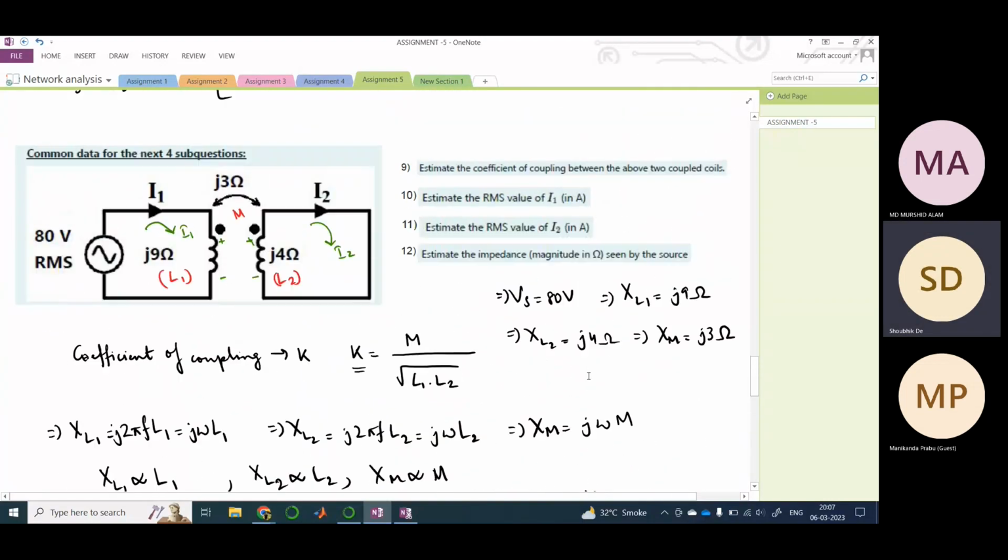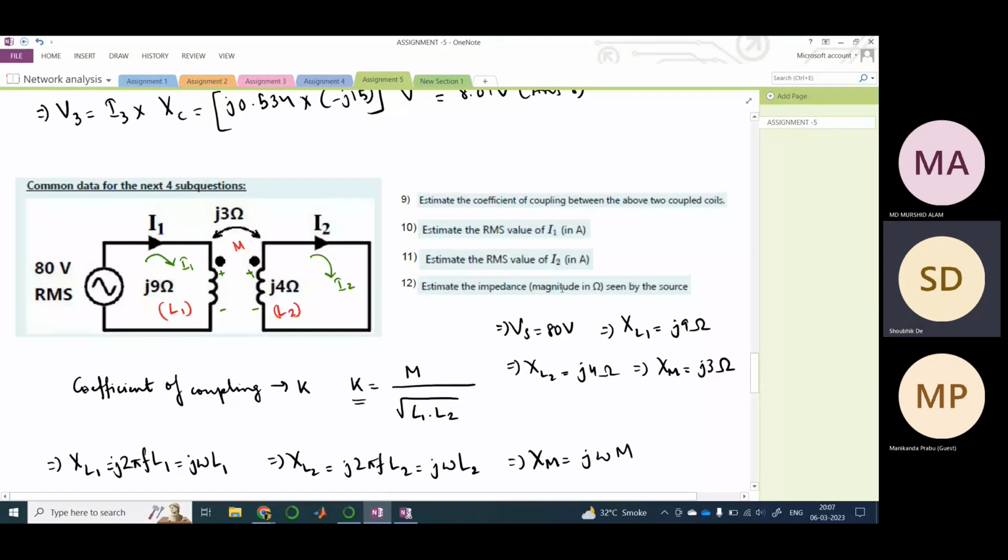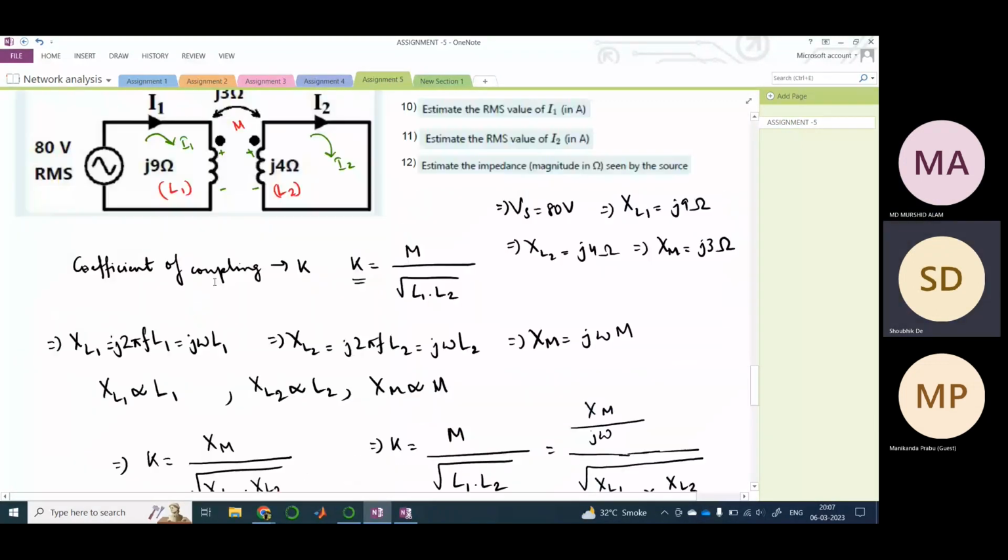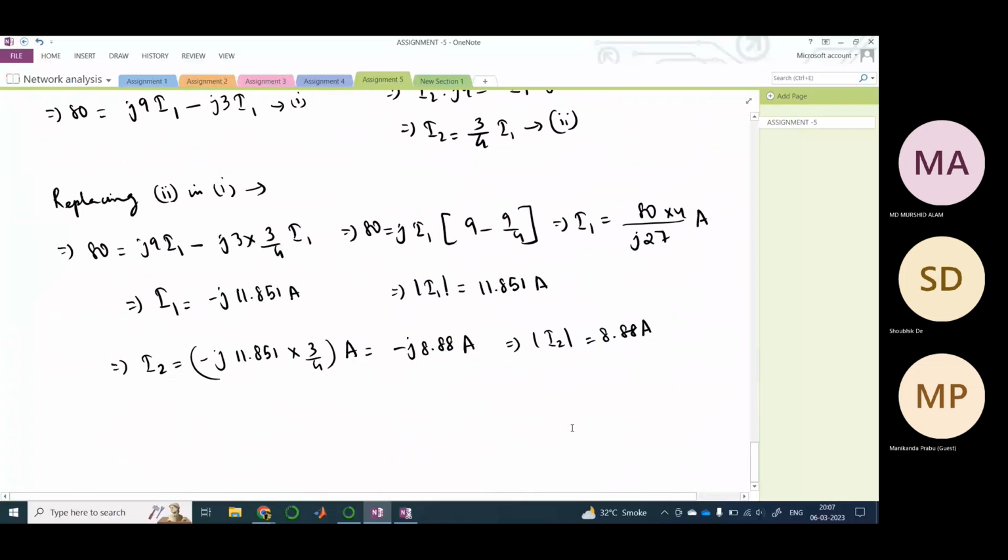Now the next question is estimate the impedance in magnitude seen by the source. So what is the impedance seen by the source? It is nothing but Vs upon I1. Yes, exactly, simple.